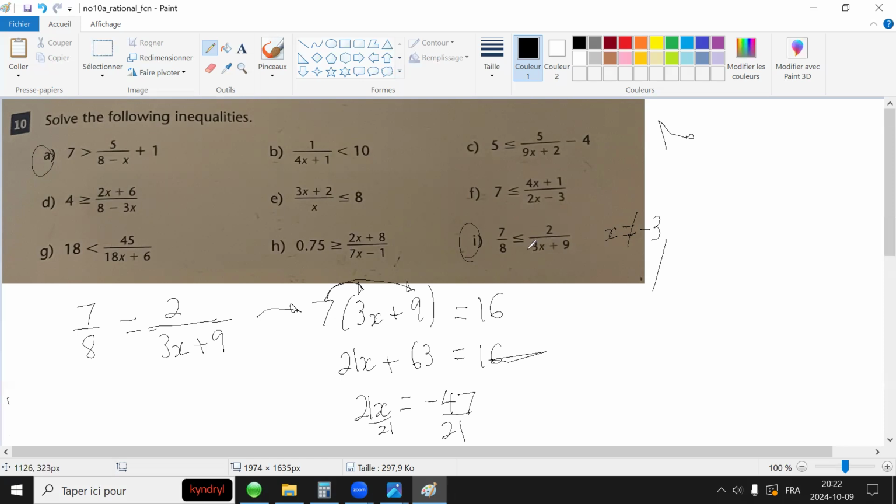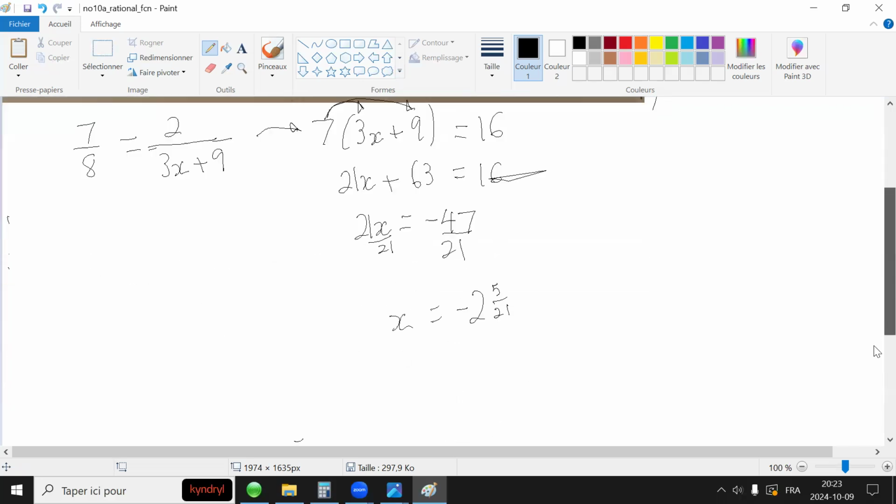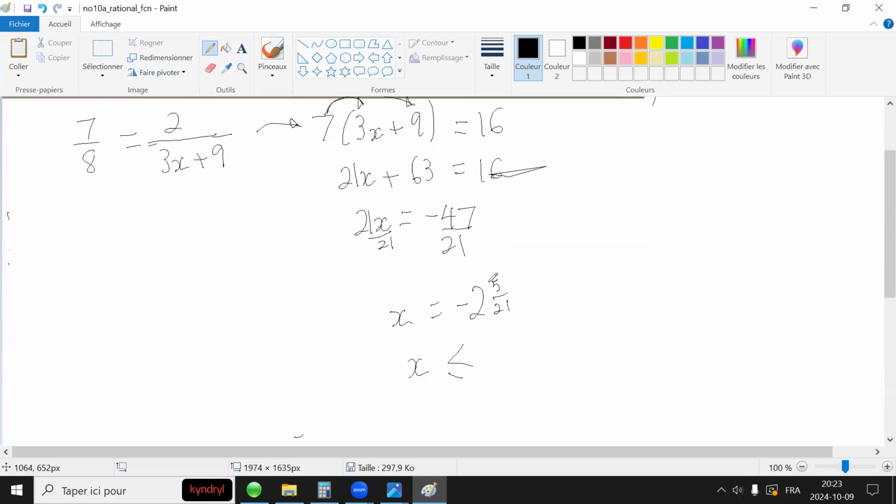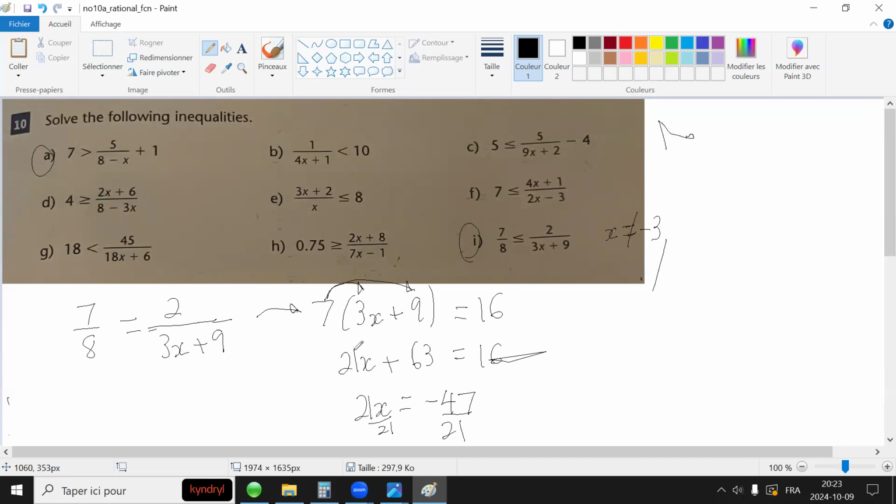So in that case, this would have to be superior to, let's see, no, it's going to have to be smaller than that. So x is smaller or equal than minus 47 over 21.